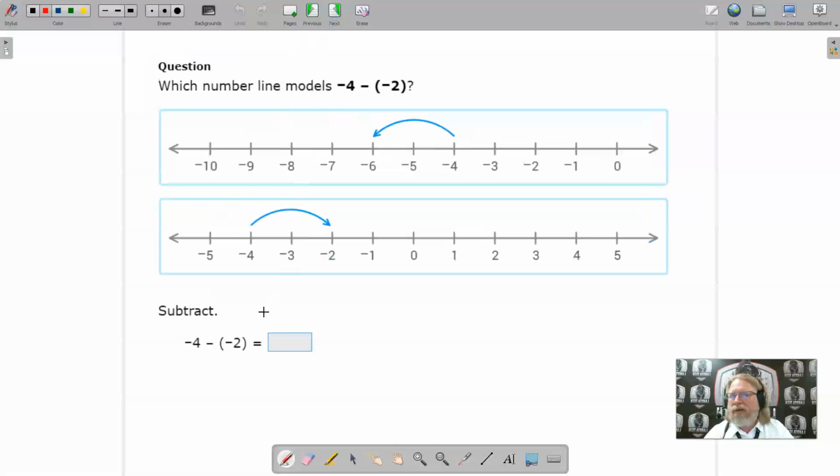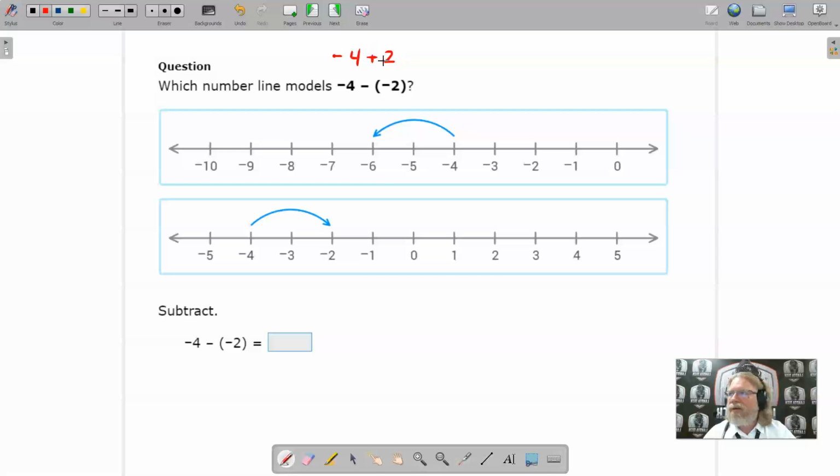If we look at the next one, this is where it starts to get kind of tricky, whenever we have a minus some negative number. If we could change this to addition, then we could apply the same concept that we used in adding integers on the number line. So let's give that a shot. Let's change this from negative 4 minus negative 2 to negative 4, change the sign, plus the opposite of negative 2, which is 2.